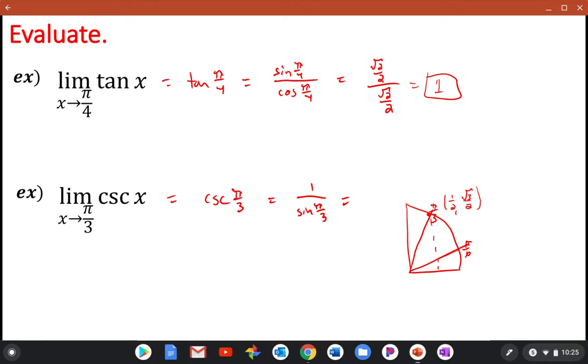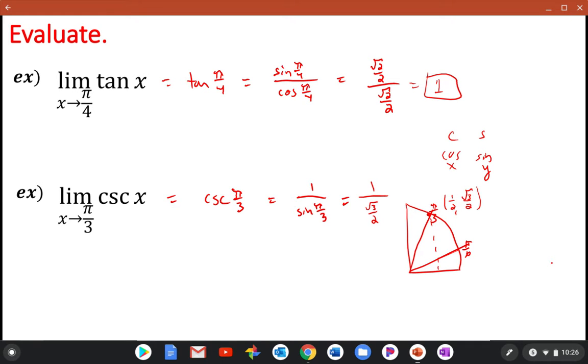So the sine is the y coordinate. I also remember the cosine is the x, sine is the y, because the c in cosine comes before s in the alphabet, and x comes before y. That's how I remember it, if you're confused on that. So this is going to be 1 over radical 3 over 2.